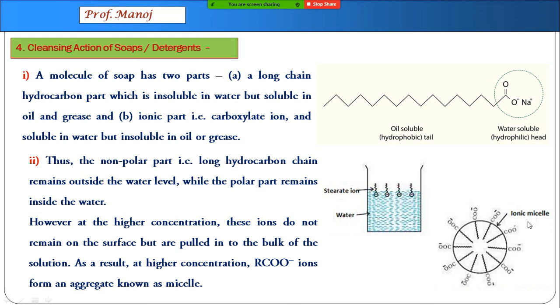That is why at home, whenever we are using Surf Excel, Ariel, anything, on that packet an instruction is written that for 1 bucket of water, add 1 scoop of detergent. That amount, 1 scoop, which is written, is basically the micelle concentration.